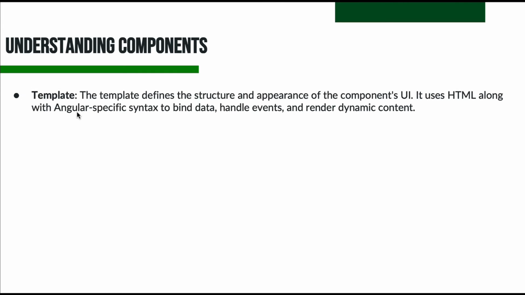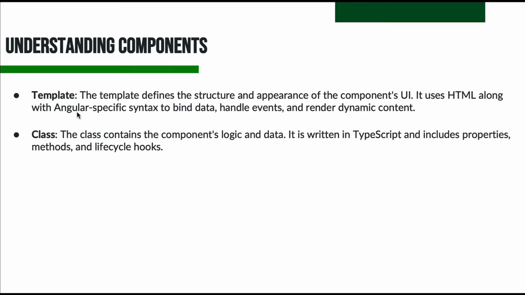In Angular, a component consists of three main parts. First, we have the template. The template defines the structure and appearance of the component's UI, and it uses HTML along with Angular-specific syntax to bind data, handle events, and render dynamic content. Then we have the class.